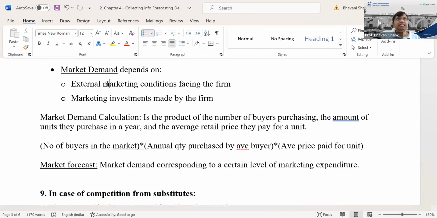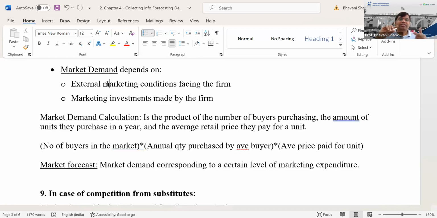Then marketing investments made by the firm, that is, this organization understood that people are well paid even after the pandemic. They are able to celebrate their festivals, and so this organization should be able to plan out the calendar in the best possible manner, and thereby it should be able to reach out using celebrities, using social media influencers, and trying to convince more and more customers to purchase the products of this organization.